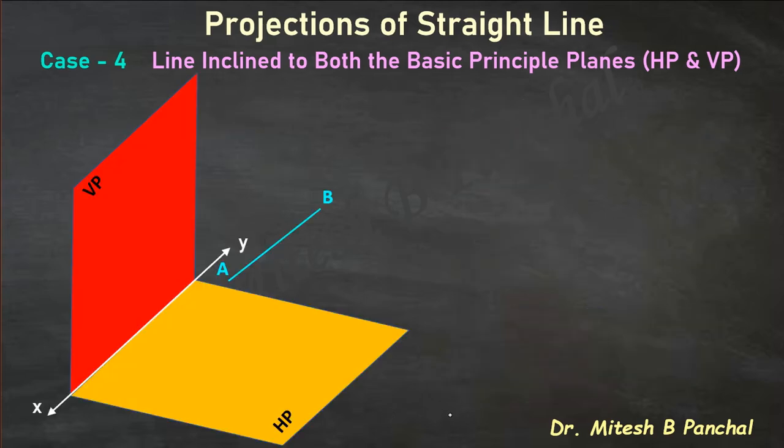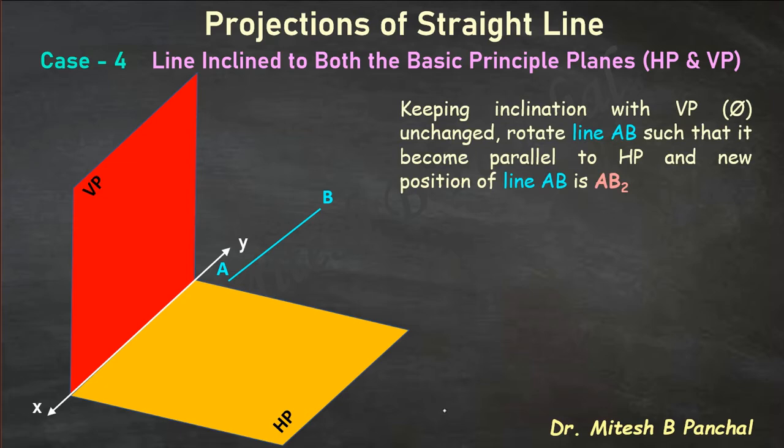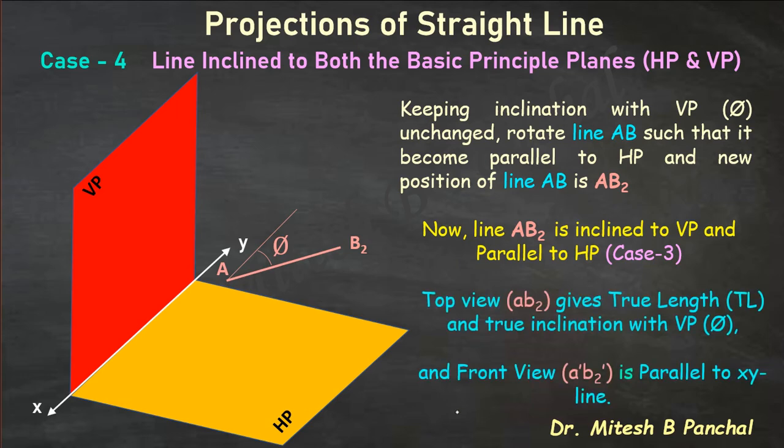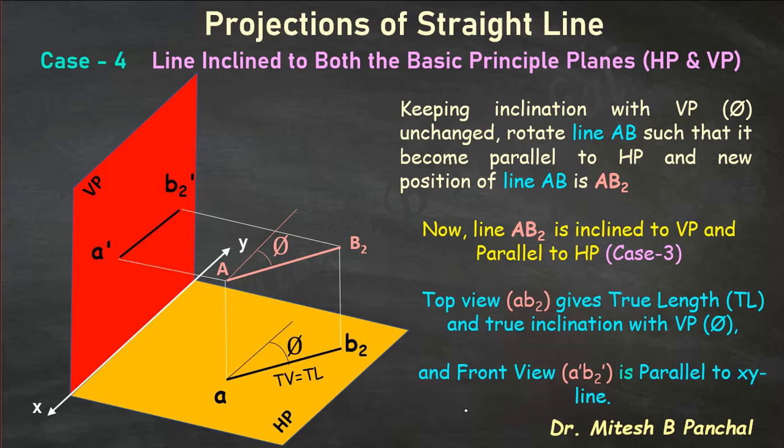Also, moving further, we can now rotate the line AB in such a way that its inclination with VP, that is phi, will remain unchanged and the new position will be AB2. Again, this case we know, that is case 3, in which the line AB2 is inclined to VP and parallel to HP. So top view, that is AB2, gives true length and true inclination with VP, while the front view, that is A dash B2 dash, is parallel to XY line.